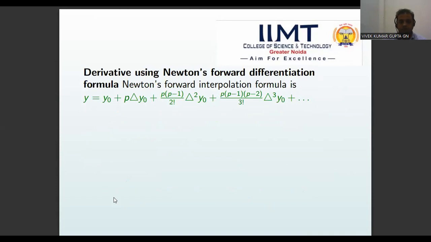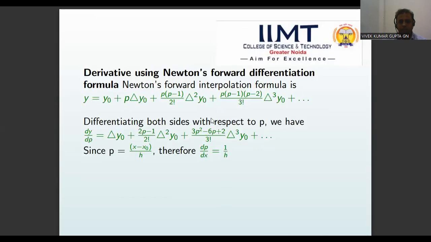We have Newton's forward interpolation formula, and now we are going to find the derivative of Newton's forward interpolation formula, which is used to find the differentiation of tabular data.